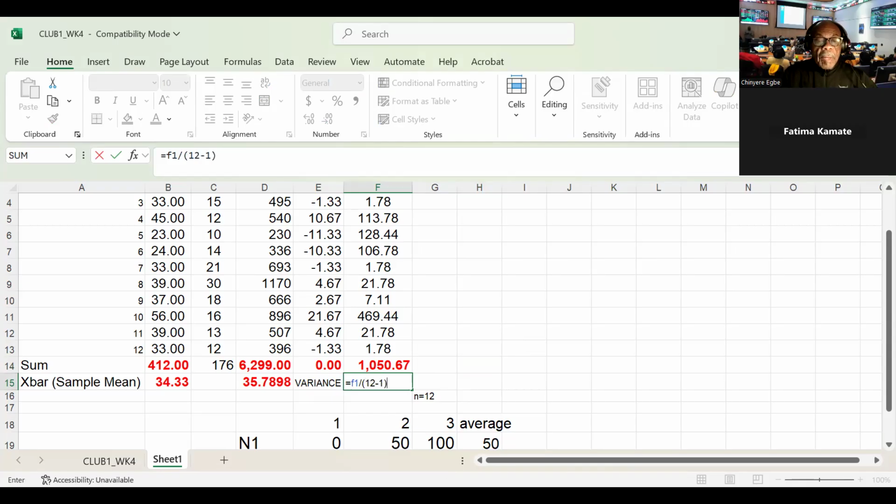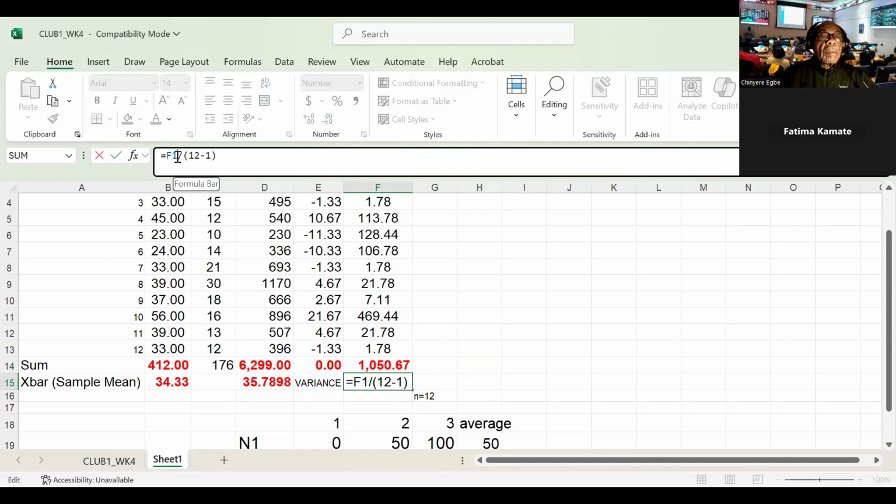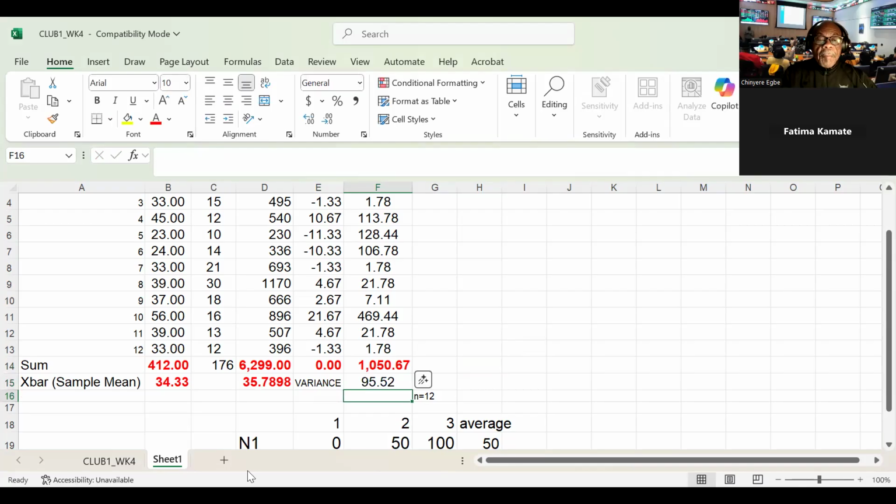So 12 minus 1. Oh, F14, not F1. F14. Right. So the sample variance is 95.2.